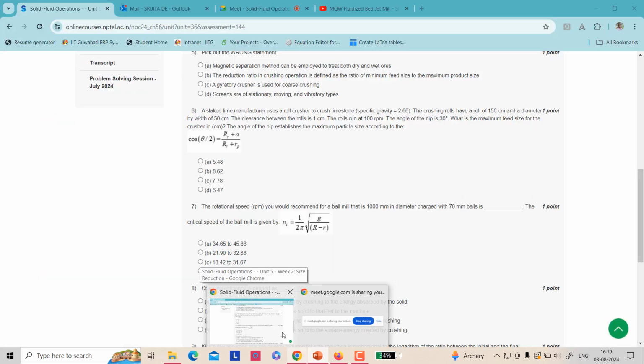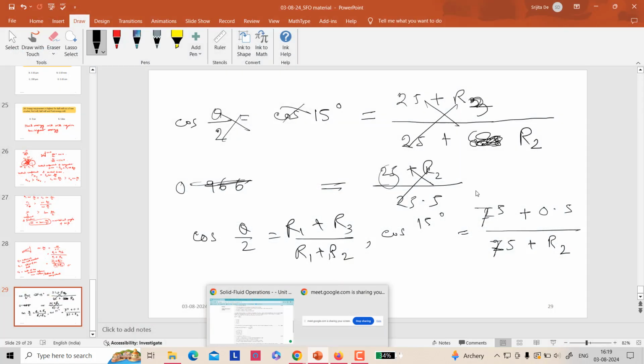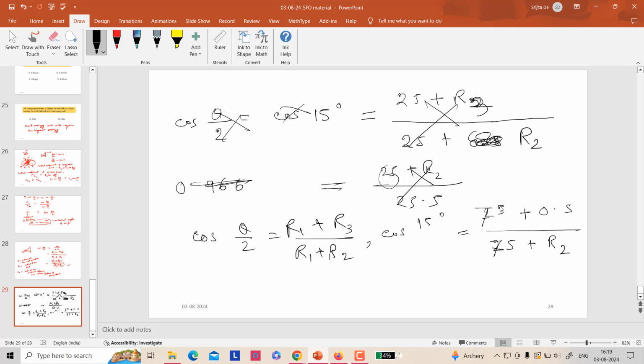So the roll diameter is 150 centimeter, so the radius will be 75 centimeter. The product size is 1 centimeter, so the radius will be 0.5 centimeter. So R2 will be coming as 3.15 centimeter.